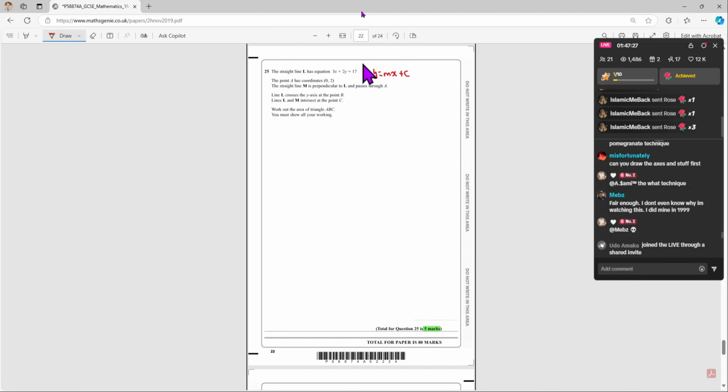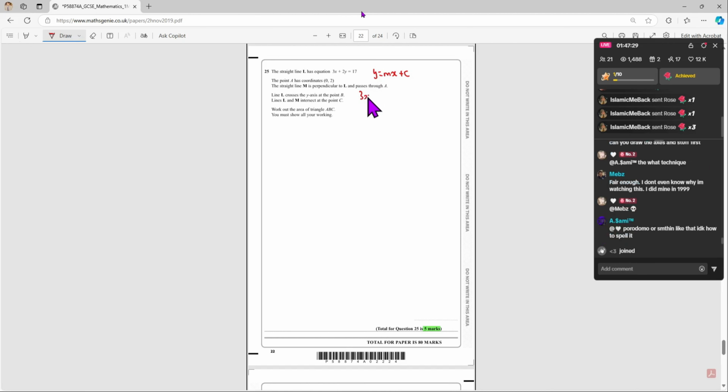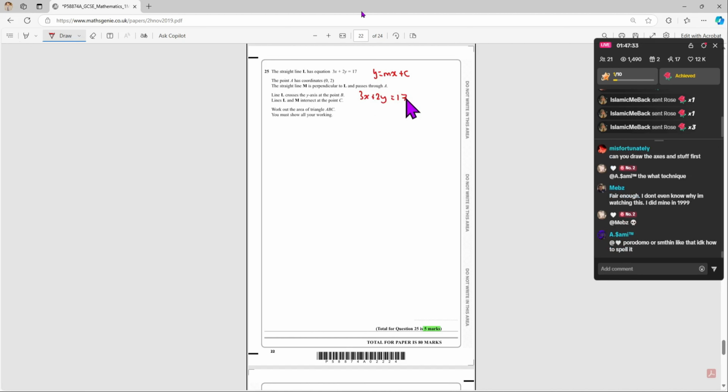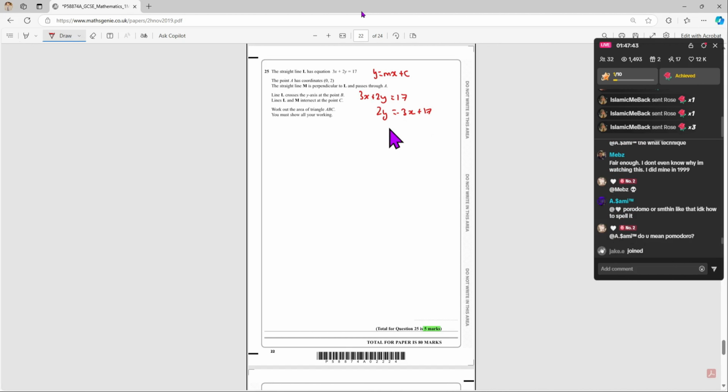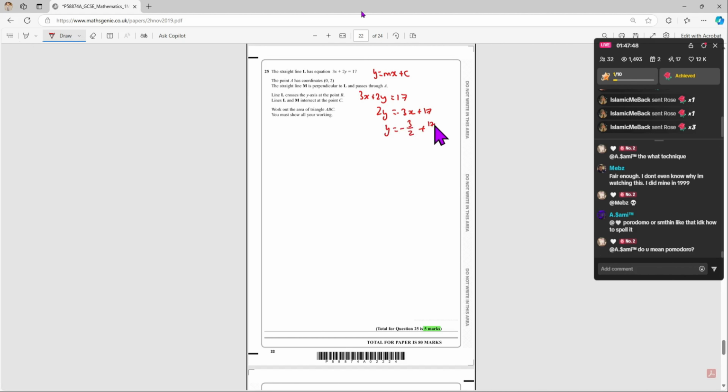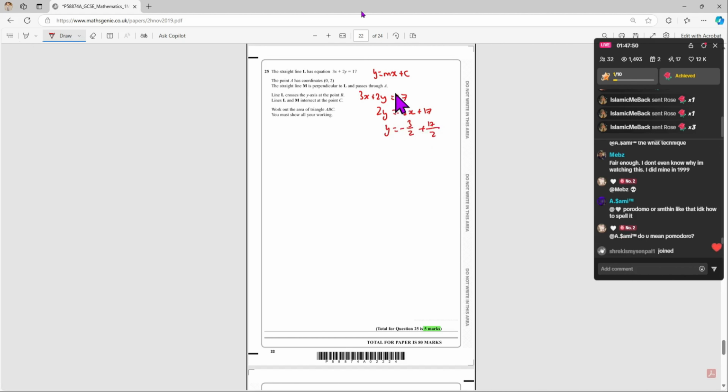So when we rearrange 3x + 2y = 17, it becomes 2y = -3x + 17, and then y = -3/2 x + 17/2. So basically divide by 2. So you rearrange line L to that.